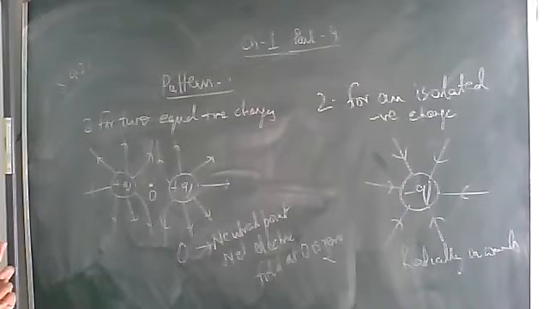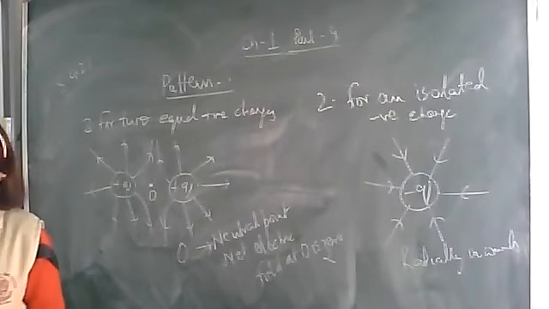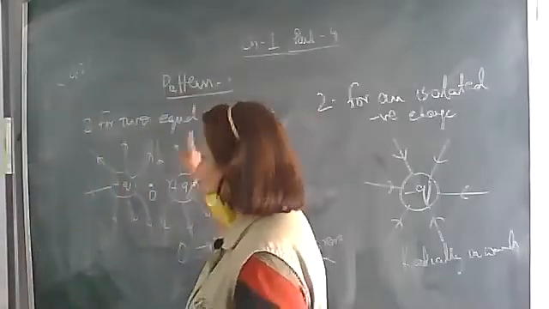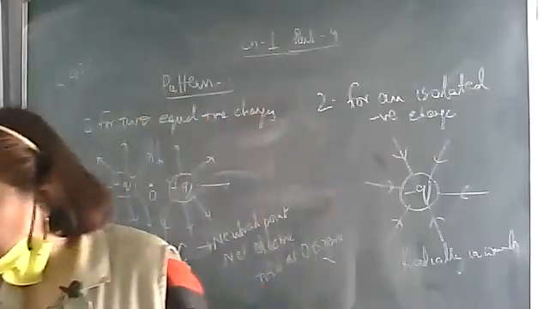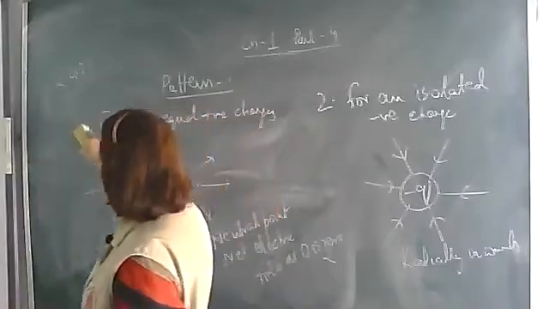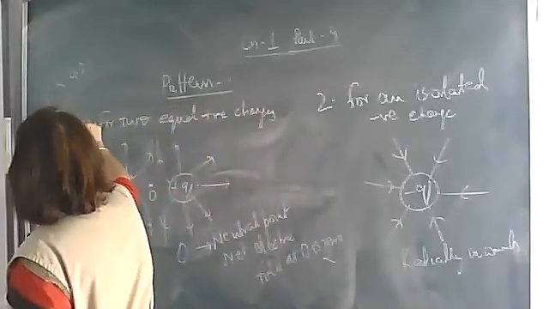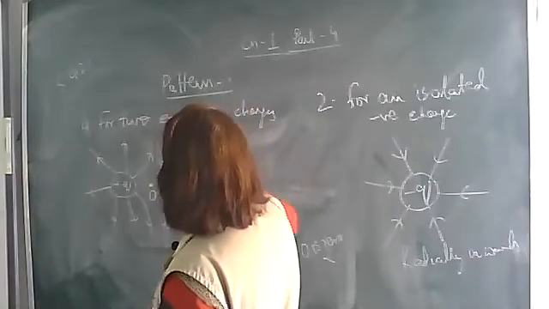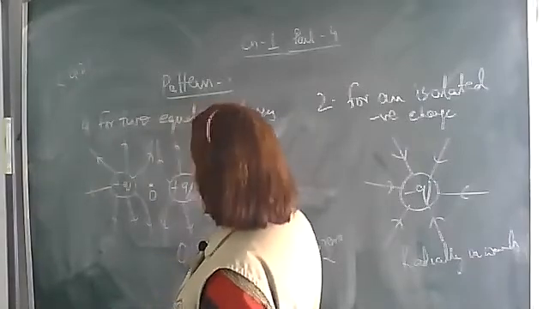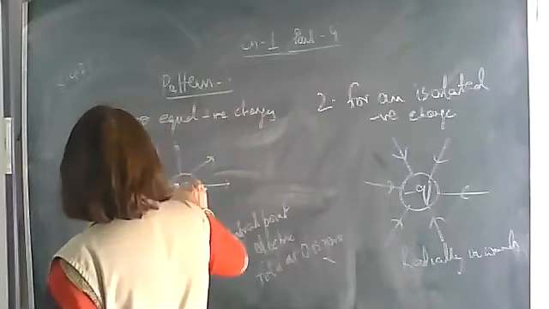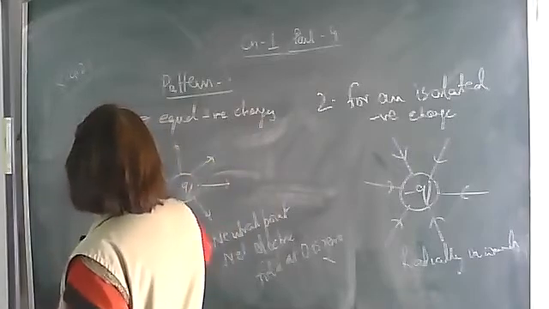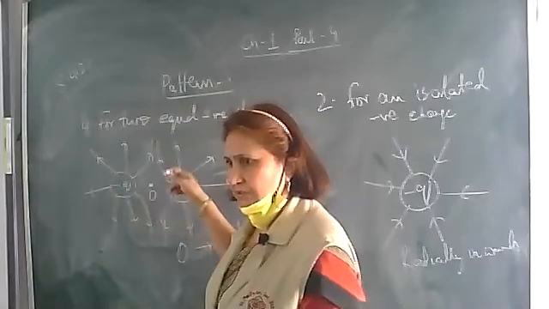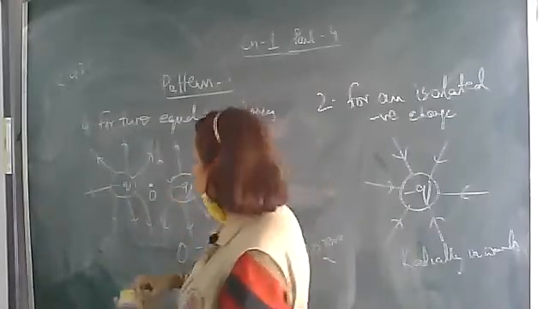The same way you will draw for two equal negative charges, that is, equal in magnitude and both negative. If one is minus q, the other is also minus q. How will the pattern be? The pattern will be the same, only the direction will be inwards.